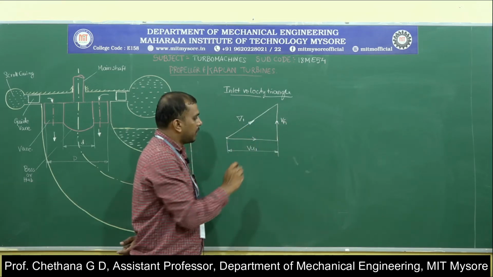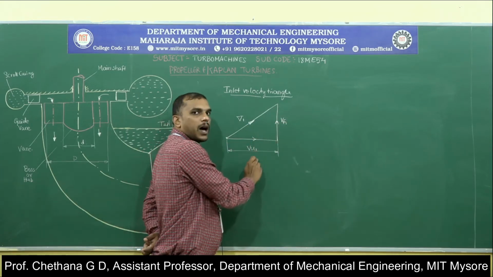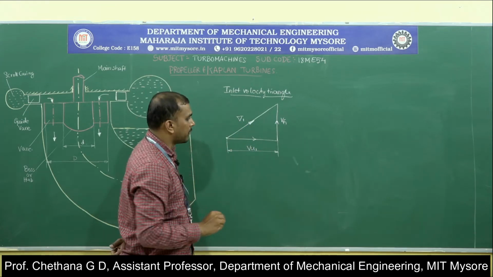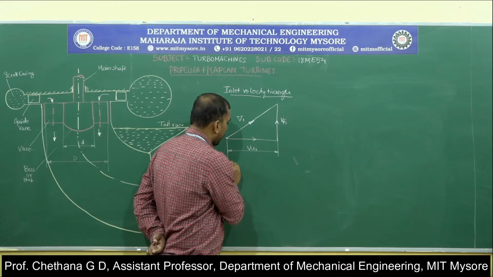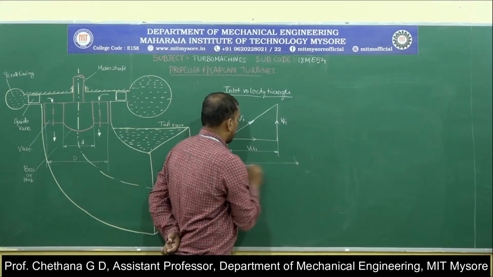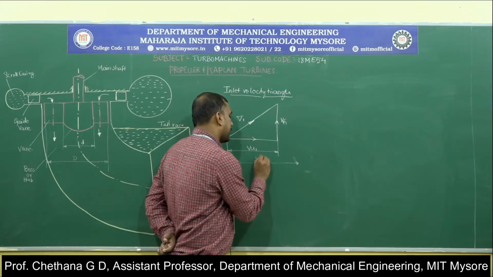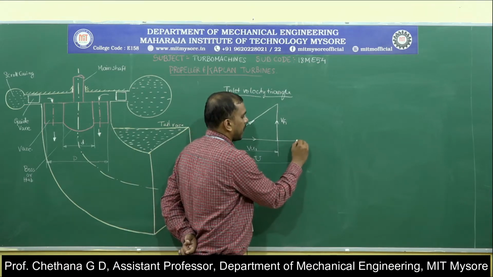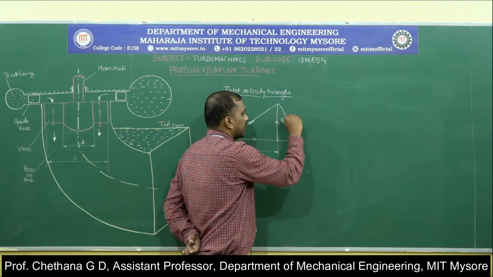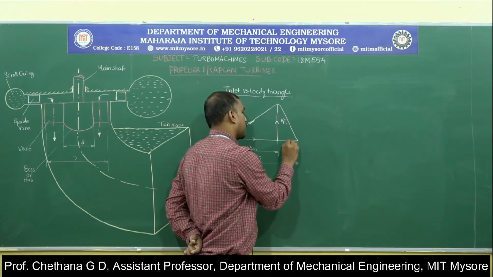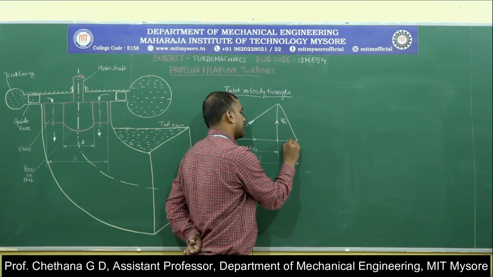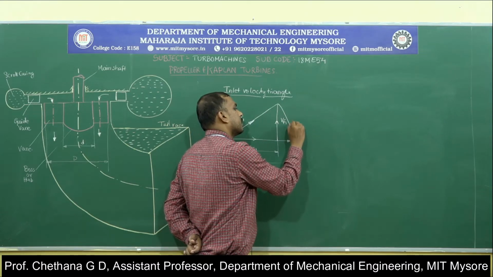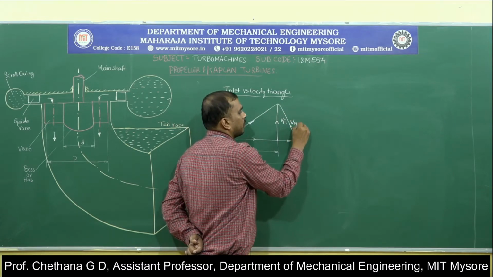After all, Vf1 and Vu1 are the components of the absolute velocity V1. Now if you have tangential velocity u, which is greater than Vu1, then you have a velocity triangle quite similar to this. Okay, this will be Vr1.